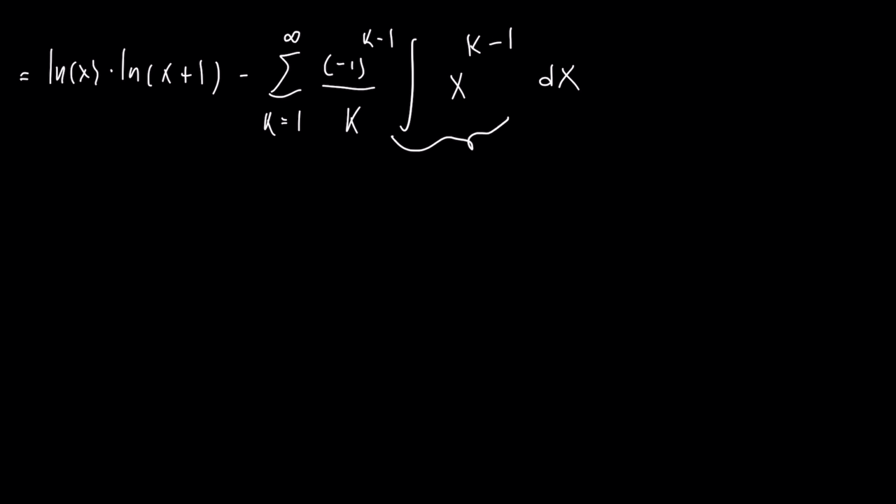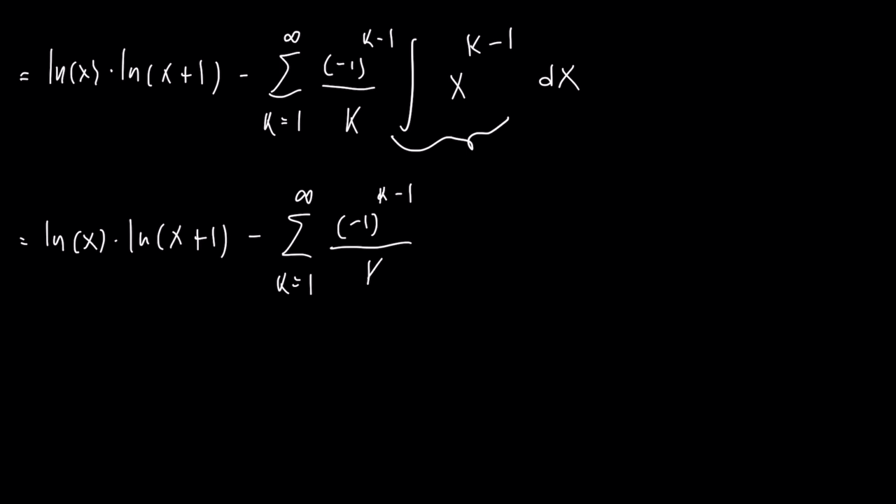So evaluating the secondary integral, we will have the natural log of x times the natural log of x plus 1 minus the sum from 1 to infinity of negative 1 to the k minus 1 over k, and that's going to be x to the k over k plus a constant of integration.